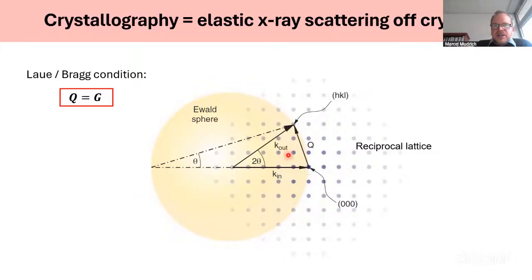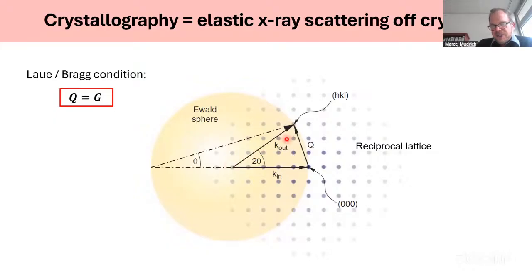Then, if we now tilt the k out to all possible angles, only when k out points exactly on another site in reciprocal space, such that q, the difference vector here, is equal to some lattice vector, only then is the Laue condition fulfilled.